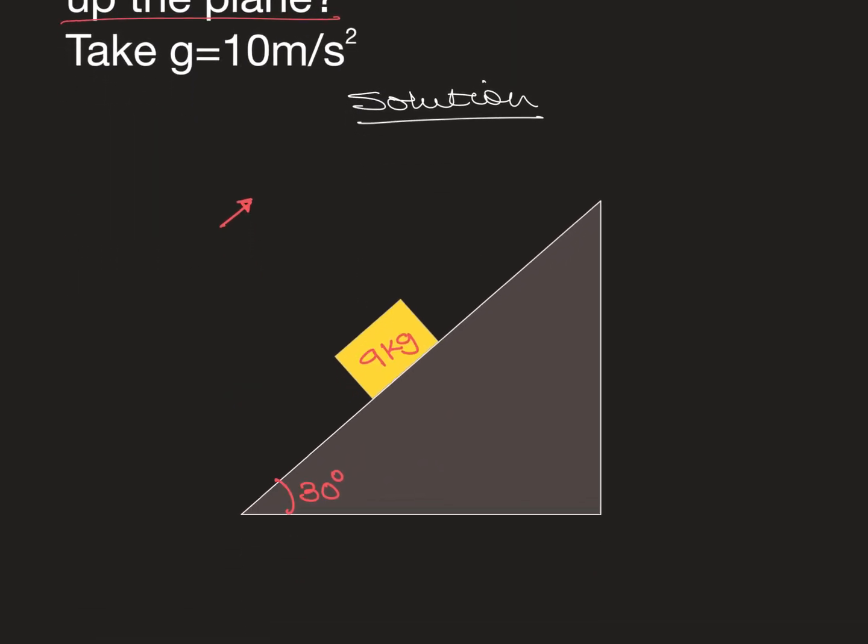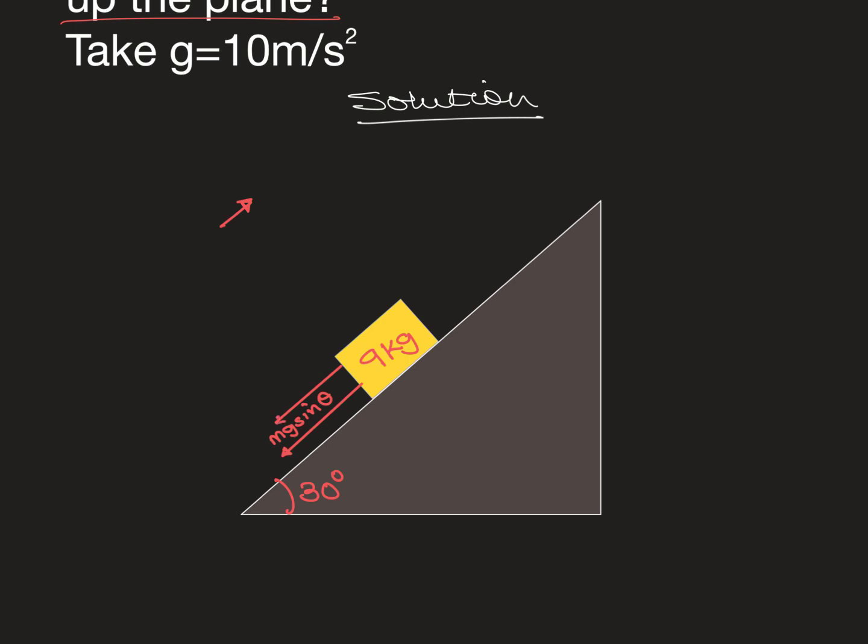So what we first have to do is indicate the forces that are involved. We have a force that will always act down the plane, which is mg sine theta. And since the body is about to move up the plane, the frictional force will have to act down the plane in the opposite direction, right?